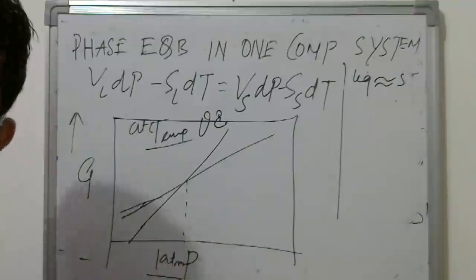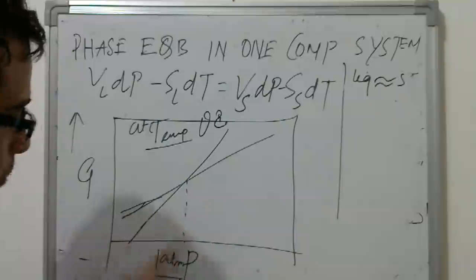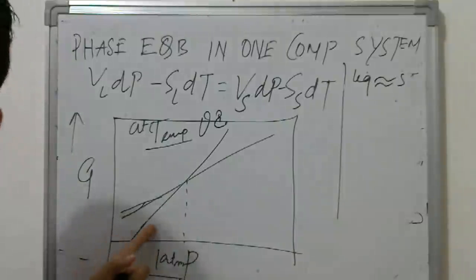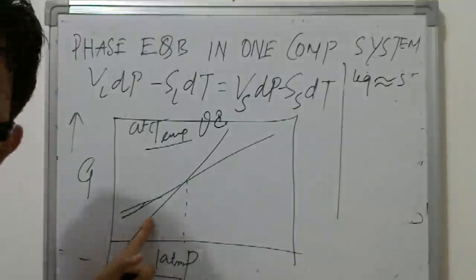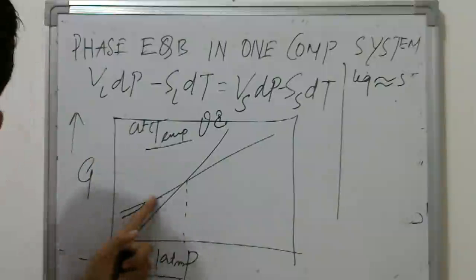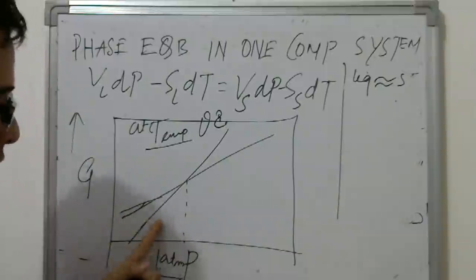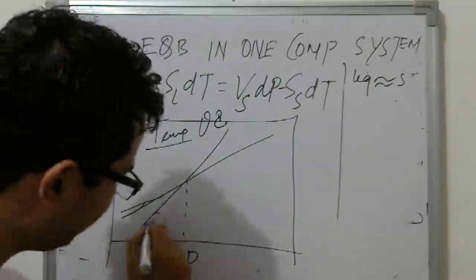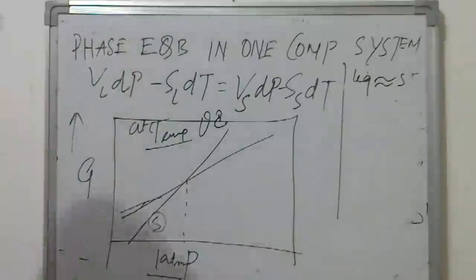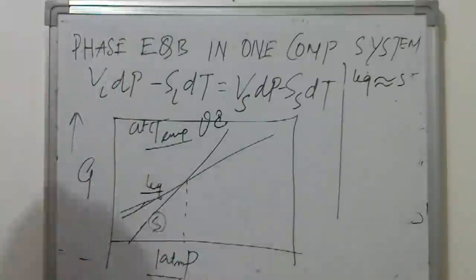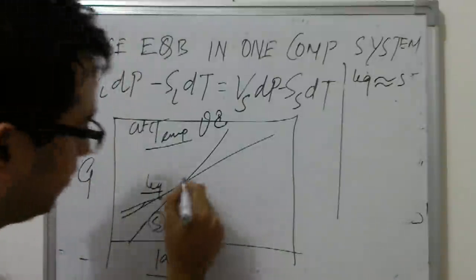Below the freezing point, the solid must have lower free energy than the liquid. That's why the solid is stable. So this line is solid, and this line is liquid. Let's say this is the freezing point.